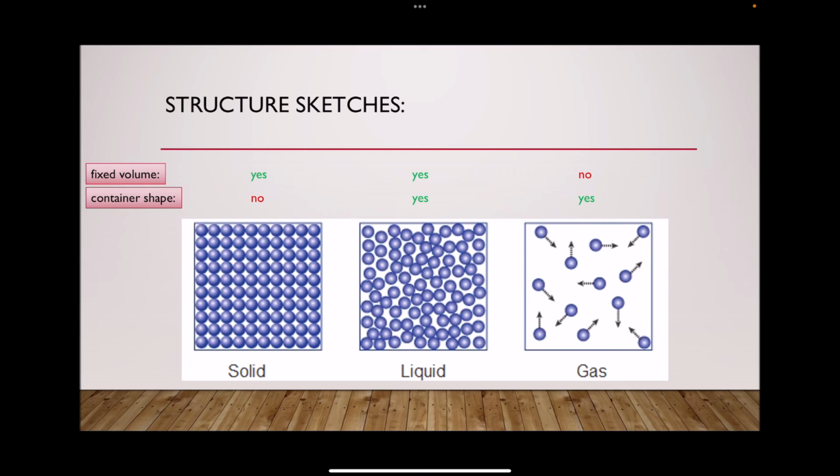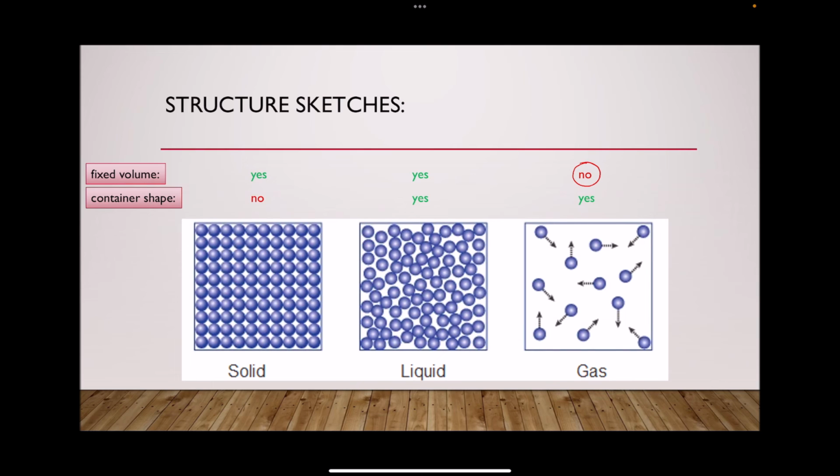Again, you can see the table of fixed volume and container shape, and this table helps us now to create an idea how the particles of a certain substance are arranged in a certain state of matter. And maybe it's easiest to first look at gases, because we have noted that gases do not have a fixed volume, unlike liquids and solids.